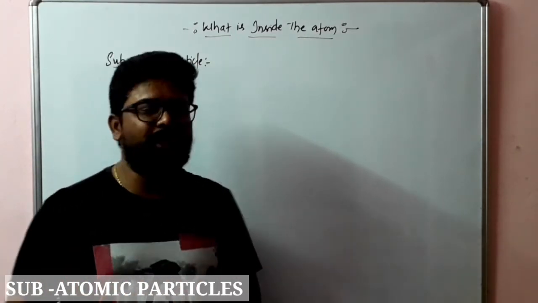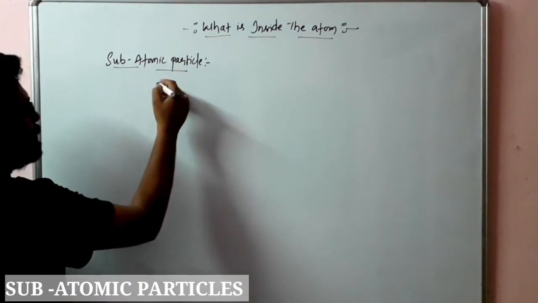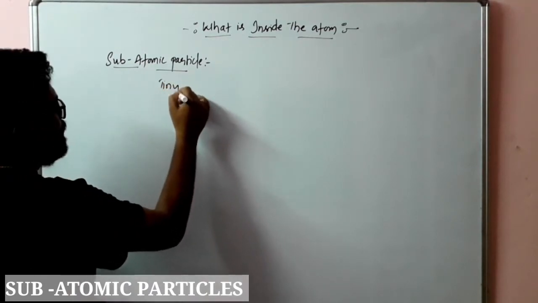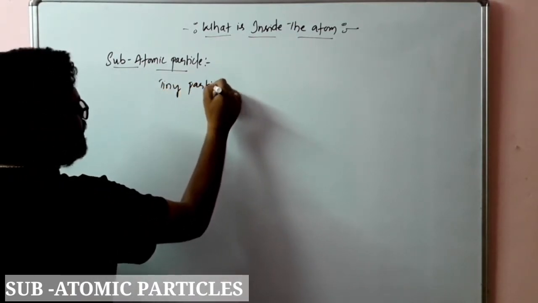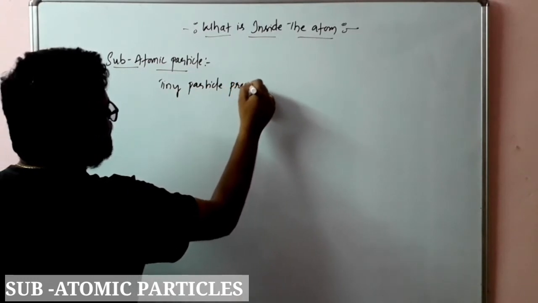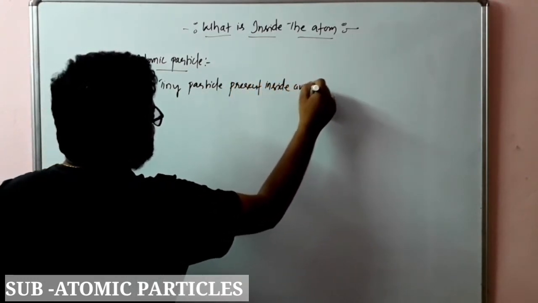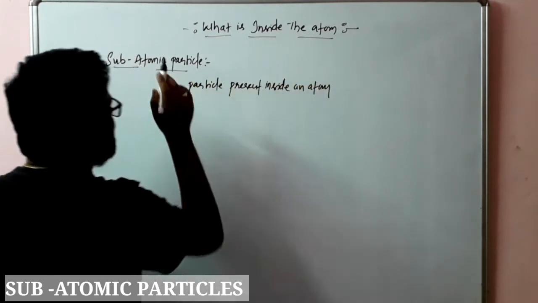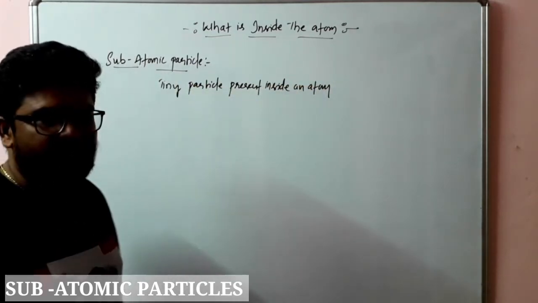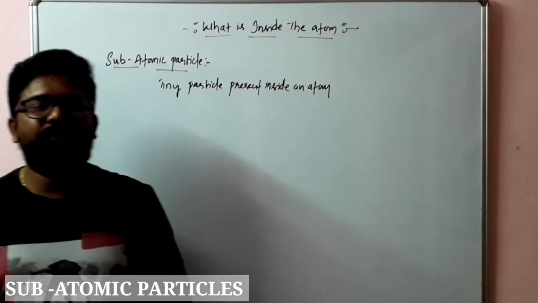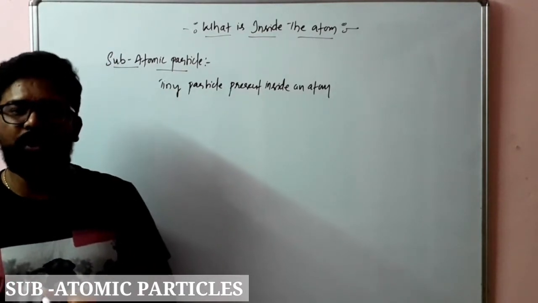Those tiny particles are called subatomic particles. So what are subatomic particles? Tiny particles present inside an atom are called subatomic particles. There are three different types of subatomic particles. What are those? Let us discuss.